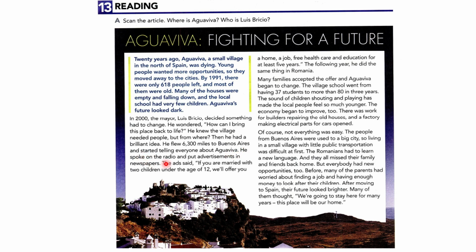He spoke on the radio and put advertisements in newspapers. The ads said, if you are married with two children under the age of 12, we'll offer you a home, a job, free healthcare, and education for at least 5 years. The following year, he did the same thing in Romania.